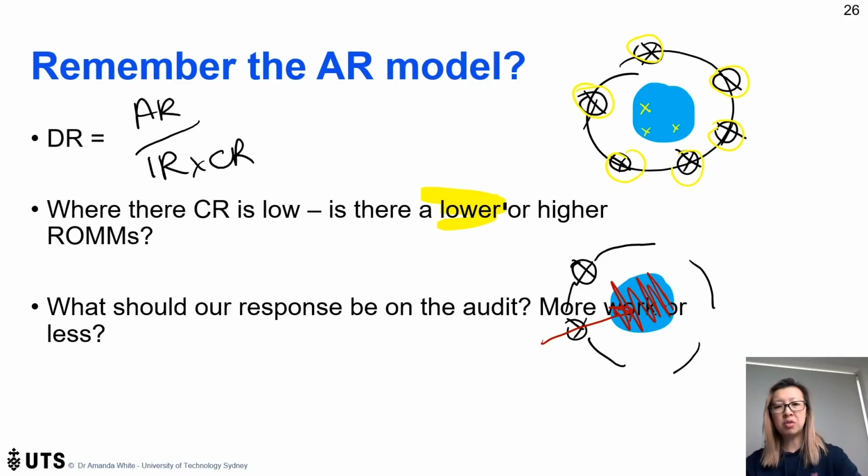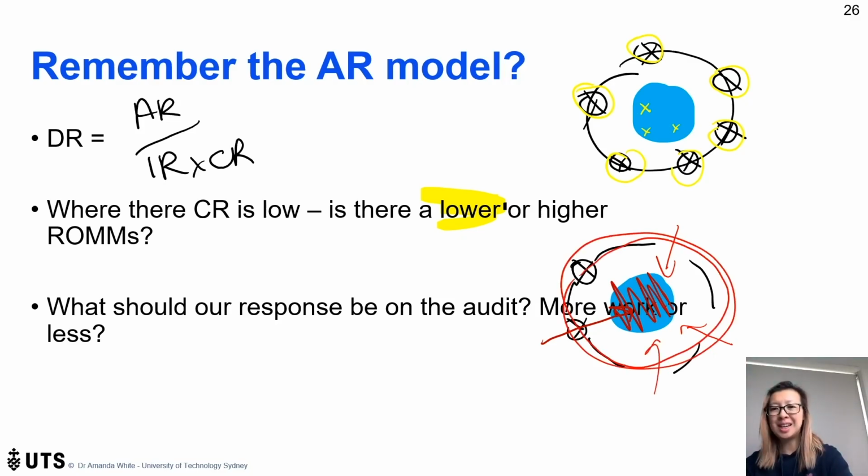If control risk is high, I know that there's potential for all of these misstatements back here. There is no point in testing my leaky bucket because I know it's not going to work. So what I'm going to do on that audit is spend a significant amount of time testing all of those individual transactions.